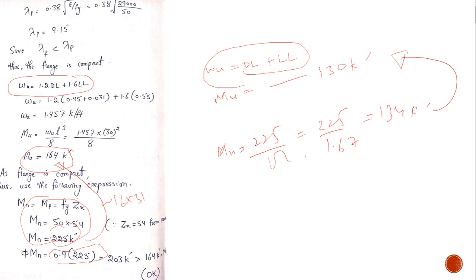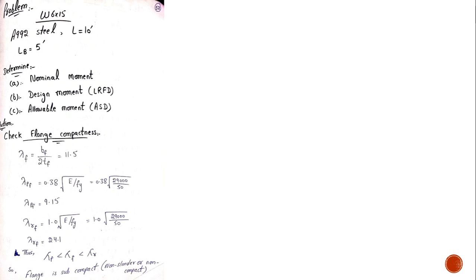Okay, next question is similar to this, and now I have a new section, that is W6 into 15. Bracing length is given, because length is 10 feet, and maybe the nature of load is different. That's why bracing is also provided here.